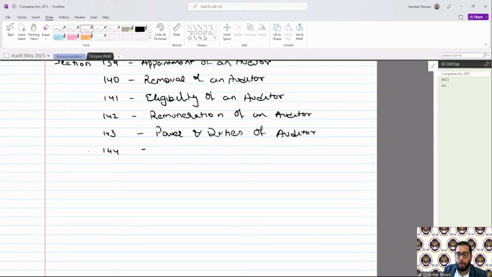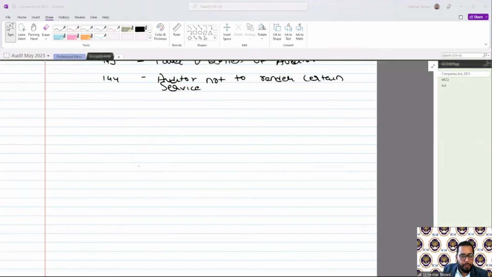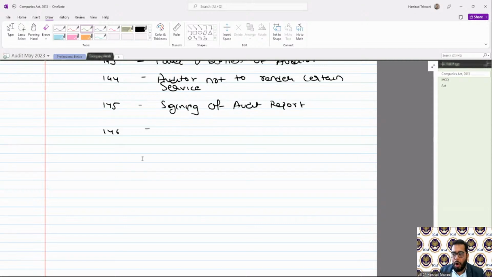144 talks about auditor not to render certain services. Remember, in management consultancy services, we saw there are certain kinds of services that, in case of a company, an auditor is not allowed to render. So that is the same section. 145 talks about signing of AR, when I say AR, it means audit report. 146 talks about auditors and the general meeting and its relevant provisions.